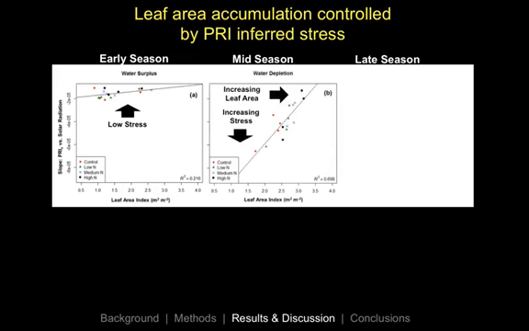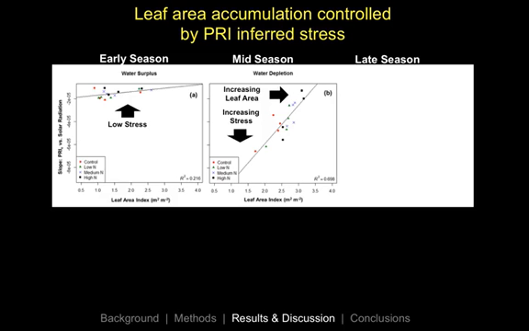But as we step up into the mid-season, we see that those points begin to fall lower on the slope of PRI-C versus solar radiation part of the y-axis, and we see a surprisingly strong correlation between PRI-C versus solar radiation and leaf area accumulation. You'll also notice here we have the control, low, medium, and high N plots represented by different colors.